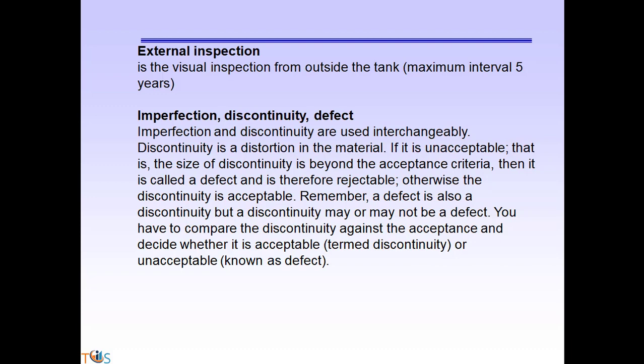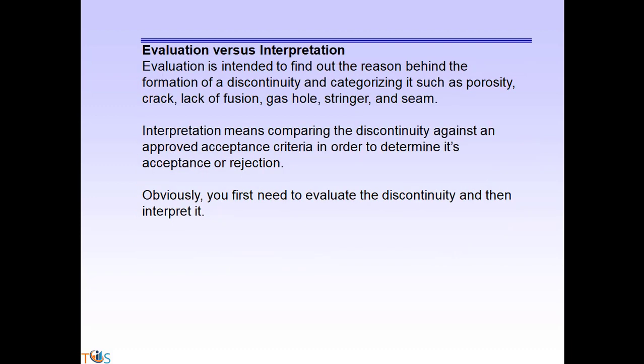Otherwise, the discontinuity is acceptable. Remember, a defect is also a discontinuity, but not the other way around. A discontinuity may or may not be a defect. You have to compare the discontinuity against the acceptance criteria and decide whether it is acceptable, termed a discontinuity, or unacceptable, known as a defect.